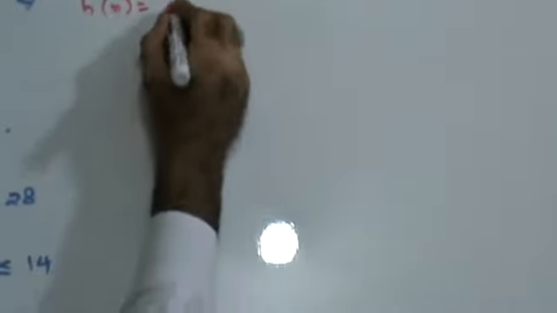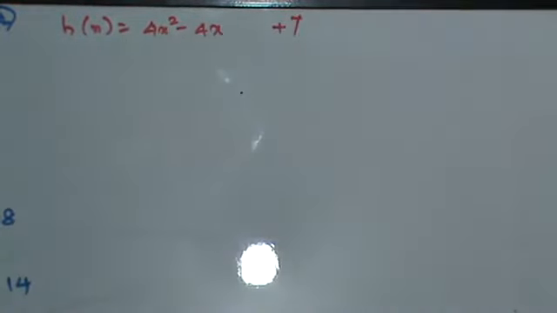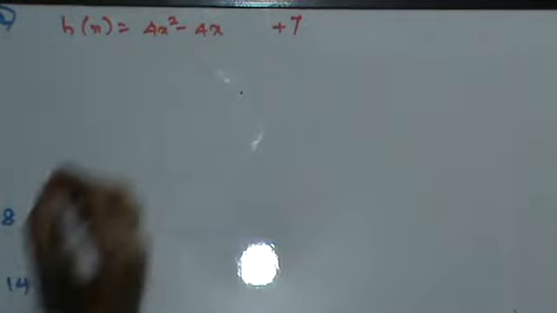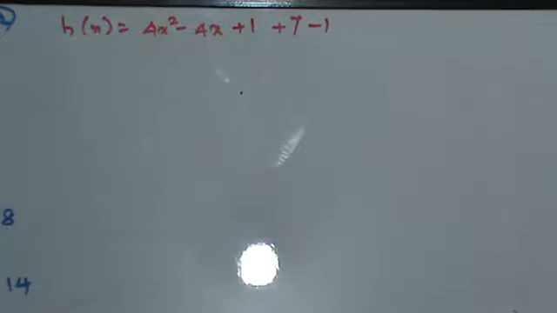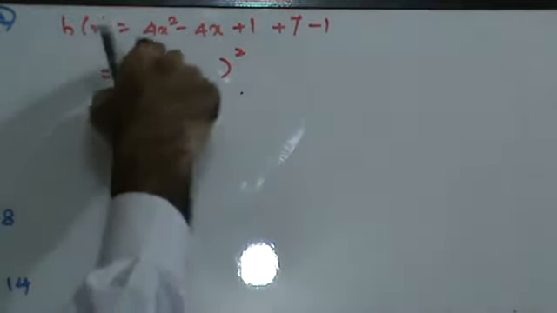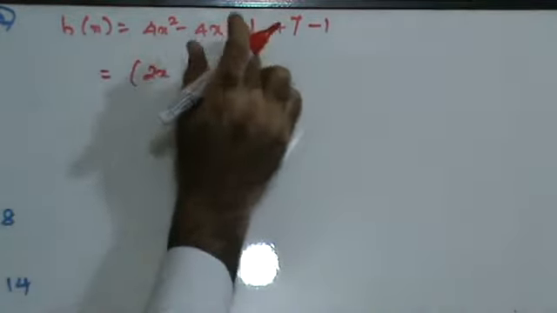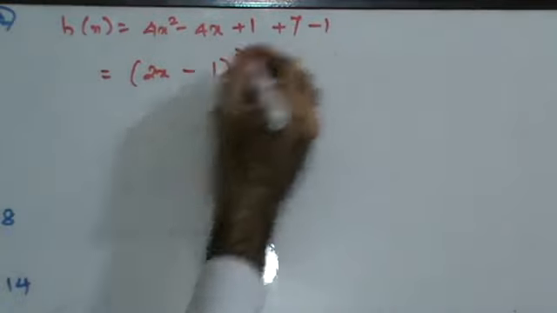So you can say that h of x is 4x square minus 4x plus 7. This was my equation. Whatever is the last term, add and subtract the last term. Add 1, subtract 1. Since I have found out the last term, this will become a perfect square. How do you find out a perfect square? Square root of the first term, square root of the last term, sign of the middle number. So this is going to be plus 6, 7 minus 1.